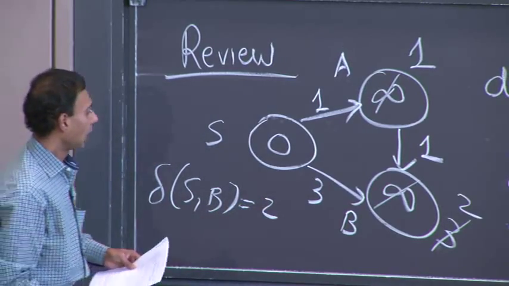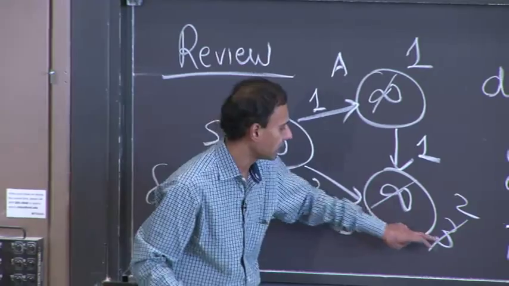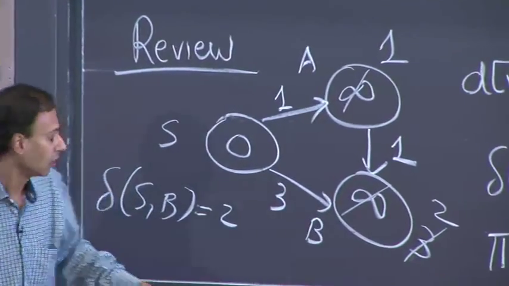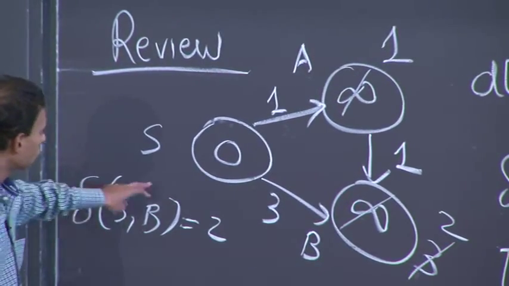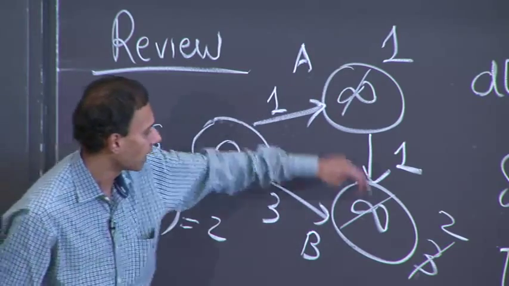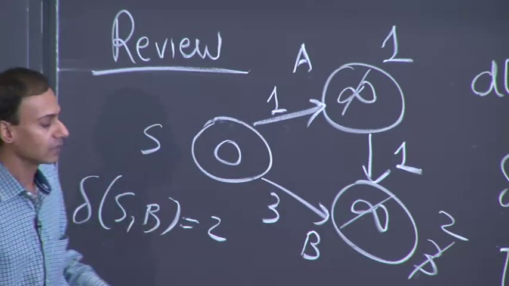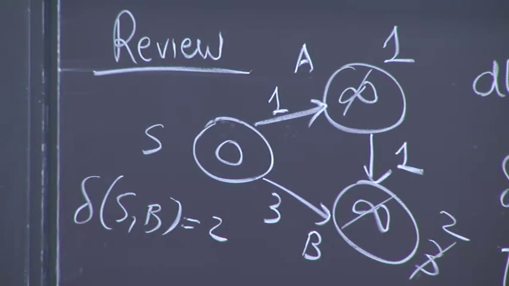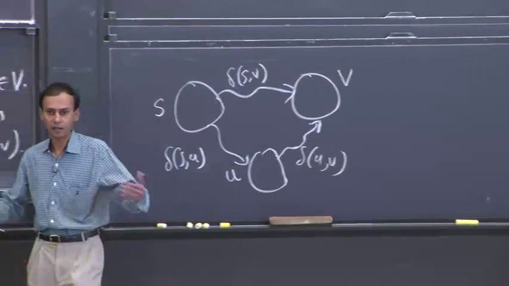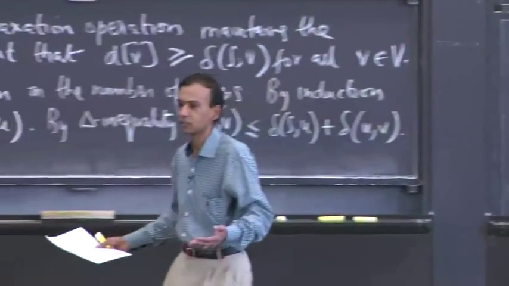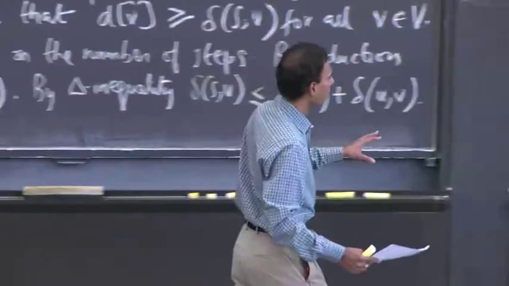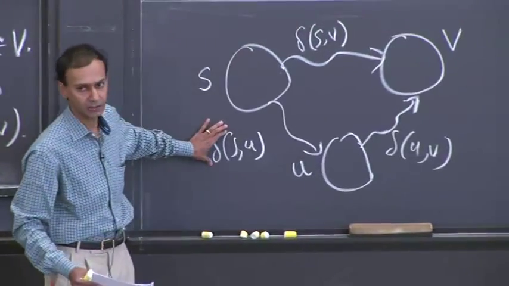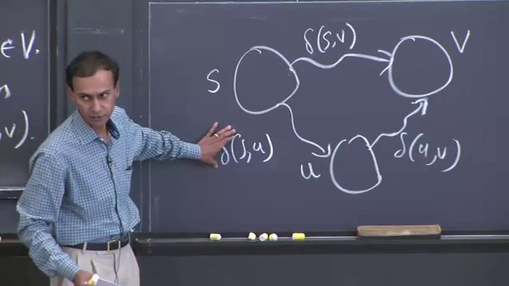Okay? Initially, I may be starting out with infinity and 3 for the D values, but the delta value, which is the shortest way of getting to B, happens to go through A. And so if you use that, then the triangle inequality makes sense. So don't get confused when you see pictures like this, where the weights don't match or don't obey the triangle inequality. The triangle inequality has to do with the shortest paths, not the single edge weights. Okay?